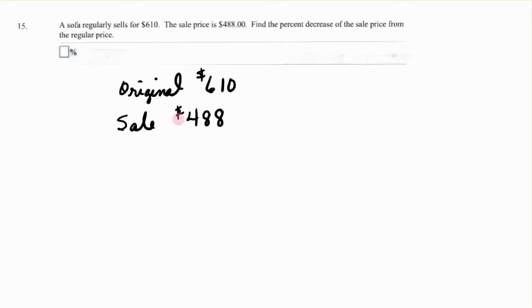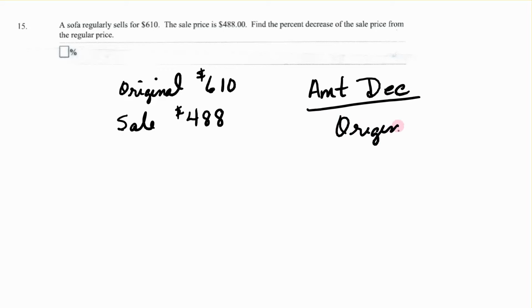Okay, so the percent of decrease is going to be the amount of decrease divided by the original. All right, the decrease, we're going to take 610 and subtract 488, and then we're going to divide that by the original, which was 610.